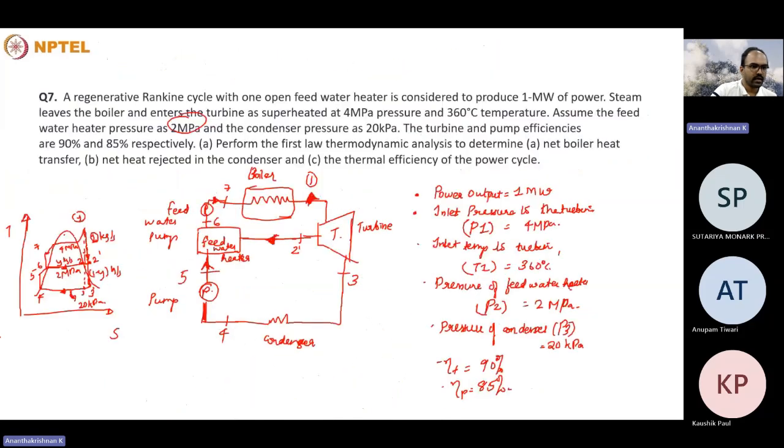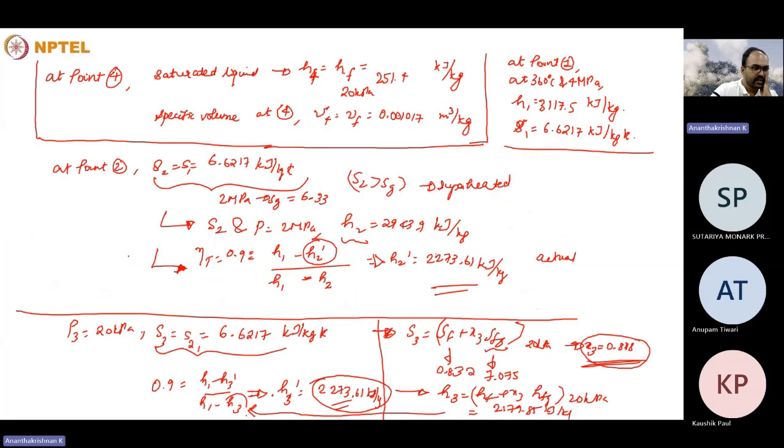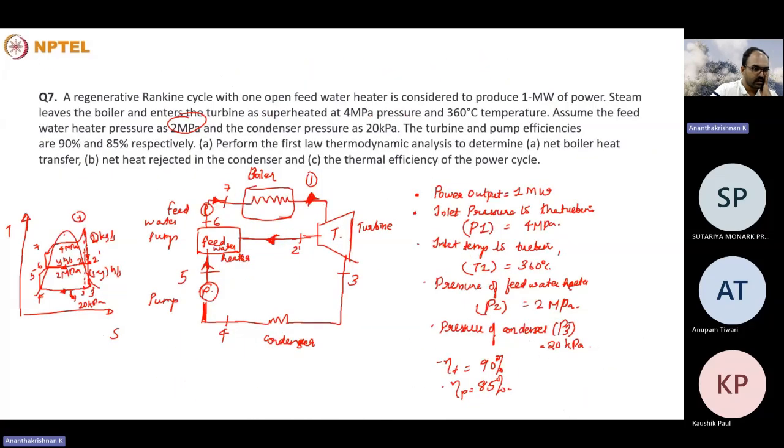So here we have gone step by step through a regenerative Rankine cycle. We have identified all the properties, meaning enthalpy and entropy, at all the state points. And in these problems, there were certain cases where the isentropic efficiencies of the pump as well as the turbine had to be considered.